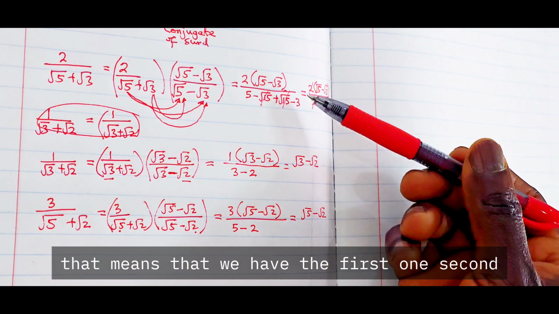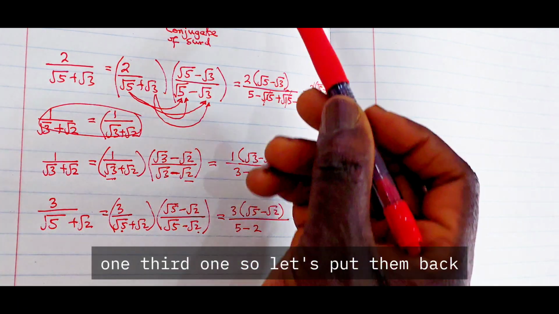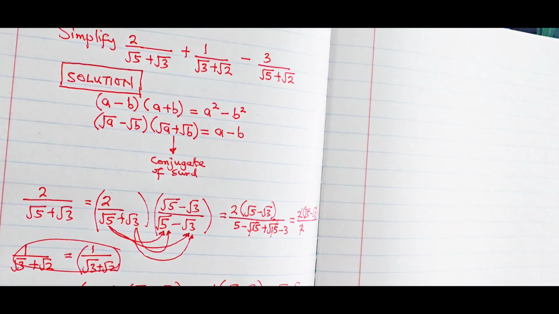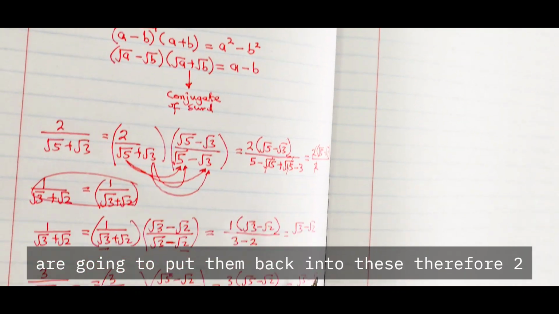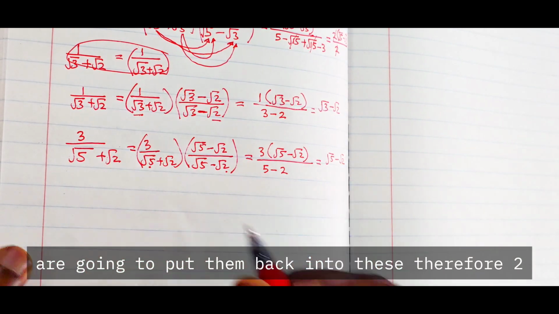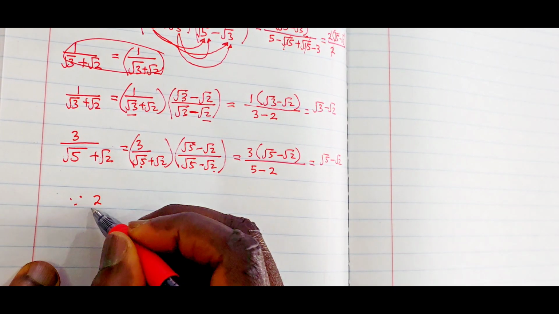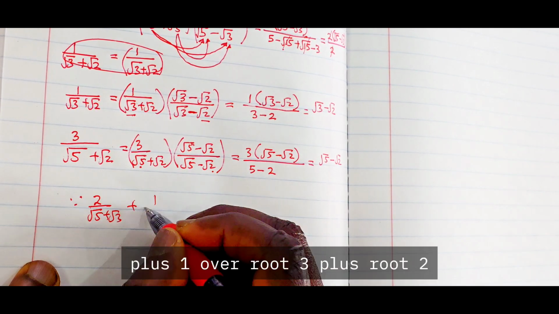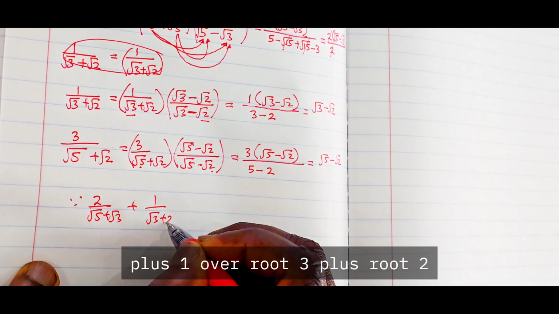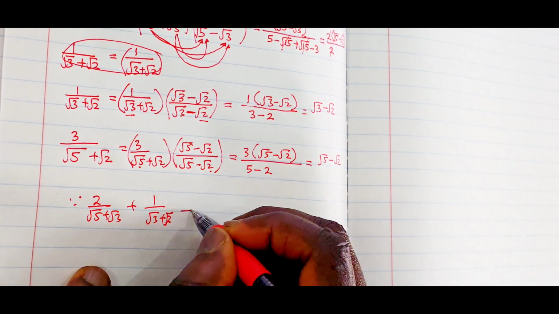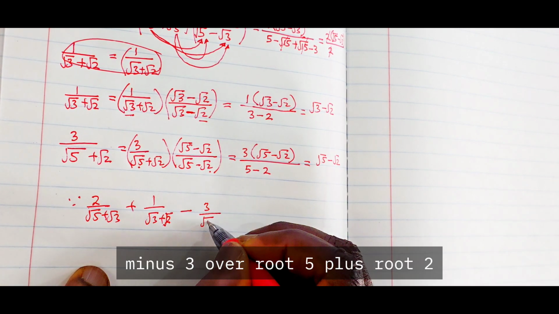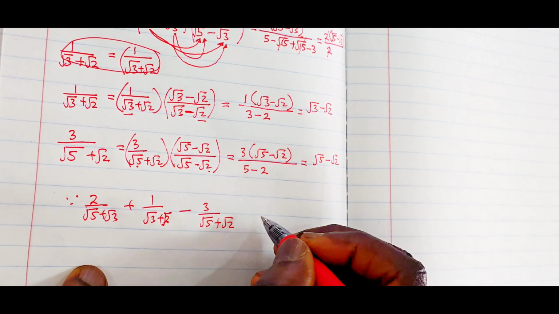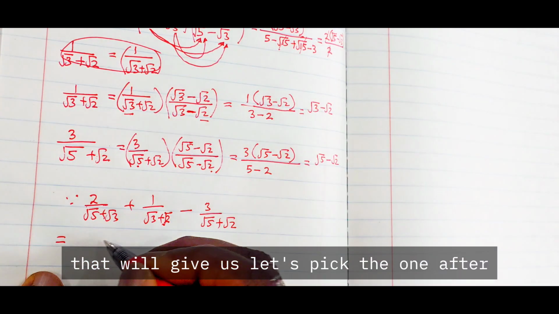So that means that we have the first one, second one, third one. So let's put them back. This is what we are asked to solve. So we are going to put them back into these. Therefore, 2 over root 5 plus root 3 plus 1 over root 3 plus root 2 minus 3 over root 5 plus root 2. That will give us, let's pick them one after the other.